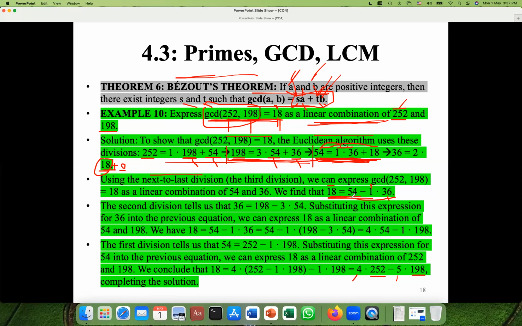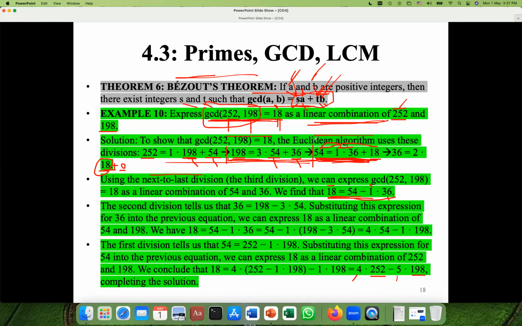So it is not final yet. What would be the linear combination? I told you when you have S with A and T with B. But here we have something with B, but we don't have any S with this A. So still something is needed.